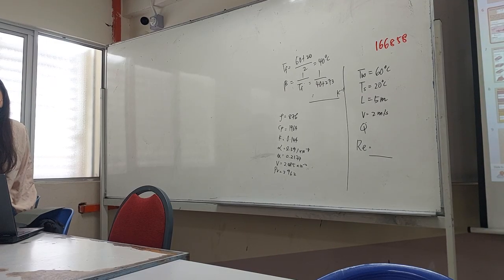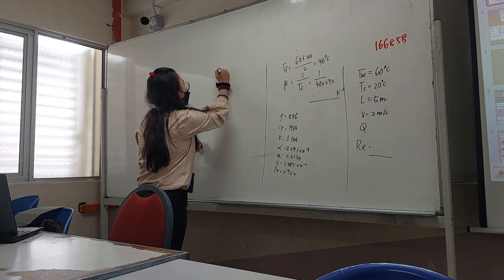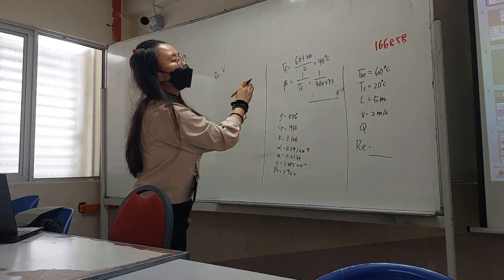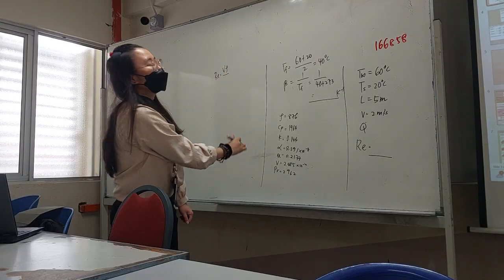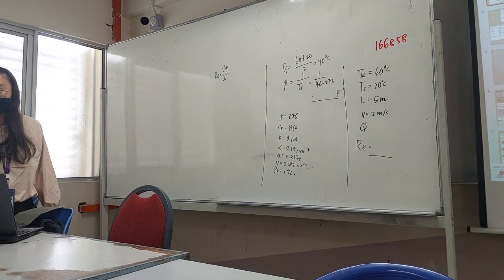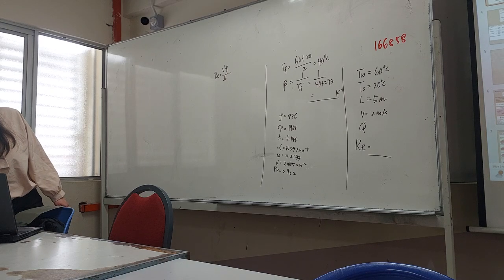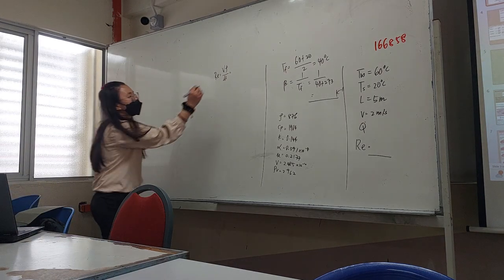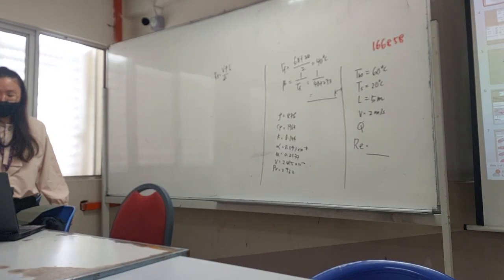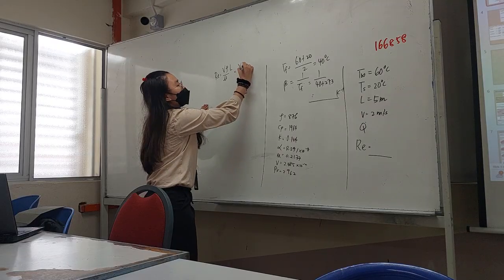Reynolds number equation: velocity, density, L, or you can use another equation, which is your VL divided by the kinematic viscosity.